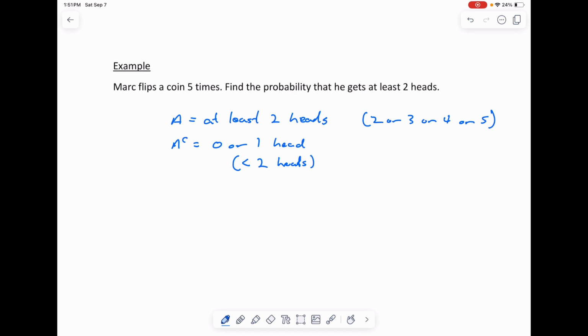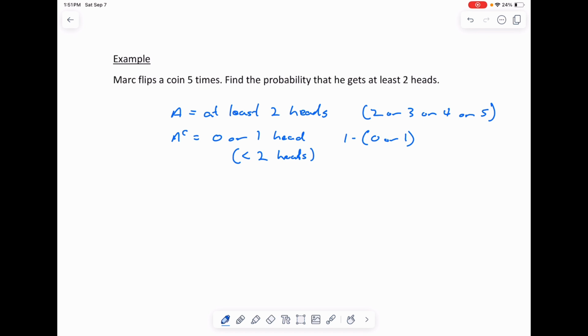And so now, instead of having to find 4 probabilities, I can find this by just doing 1 minus 0 or 1. Okay? So think about that complement in situations where you're having to find a lot of probabilities because you're doing an at least or maybe a less than, where you're having to do more going one direction than you would if you went the other direction. So in this case, if I want to find the probability of at least 2 heads, I'm going to write this out formally.